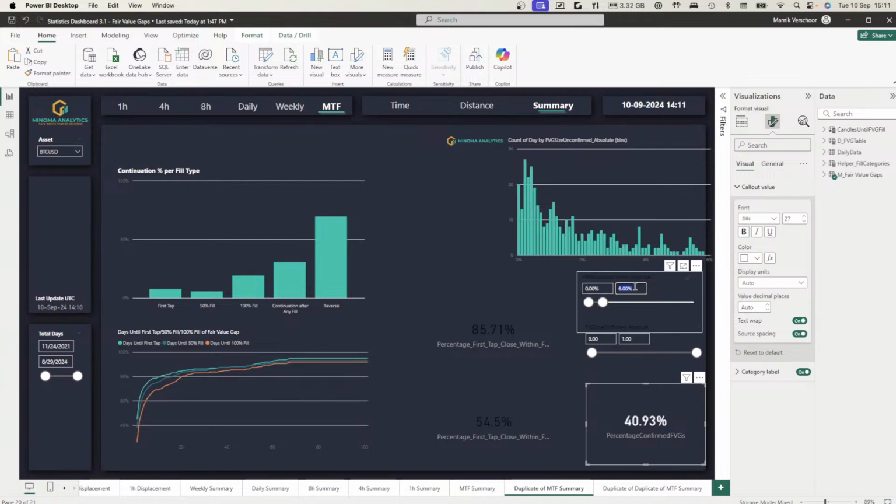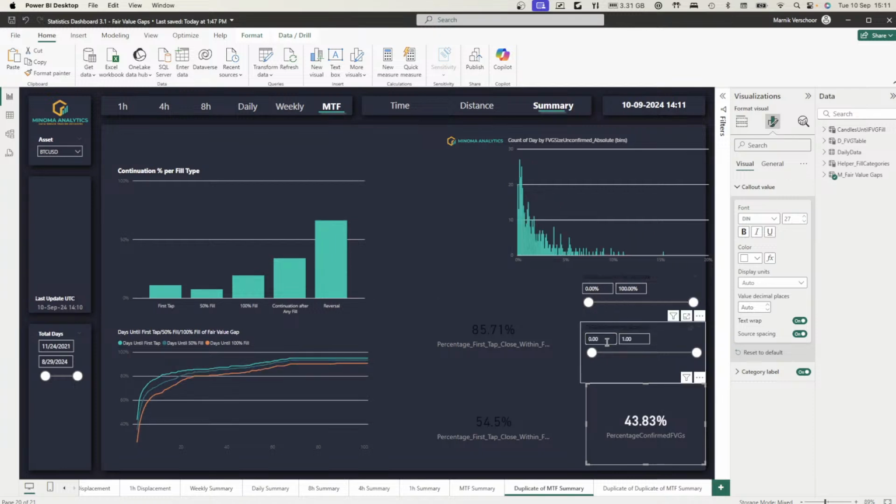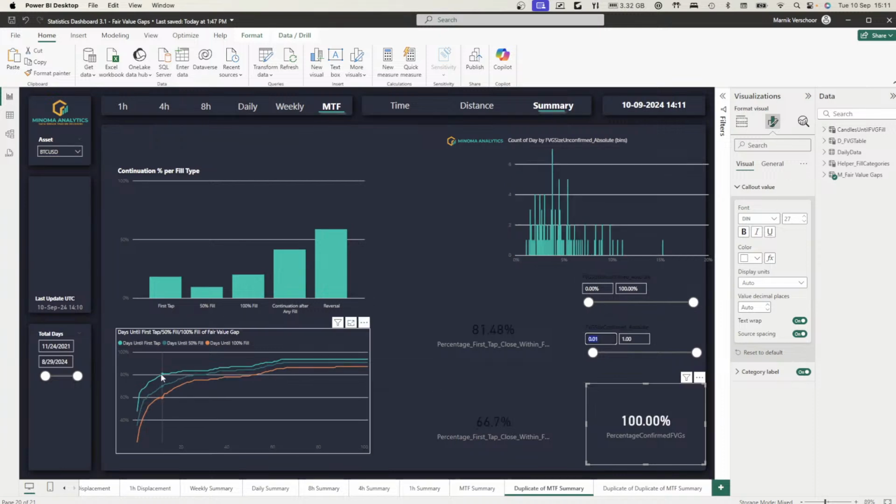If we take confirmed fair value gaps of at least, say, 1%, then what we can see here is that 80% of fair value gaps have a first tap within 12 days. 80% of fair value gaps get 50% filled within 26 days, and 80% of fair value gaps get 100% filled within 52 days.